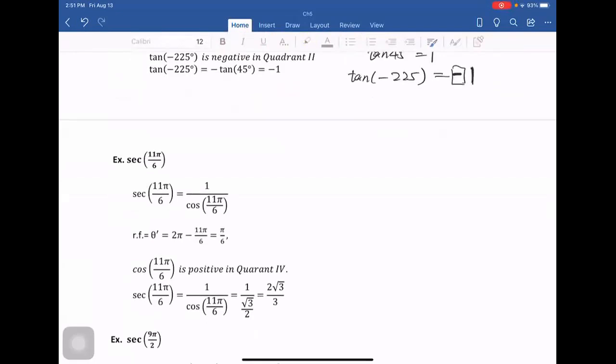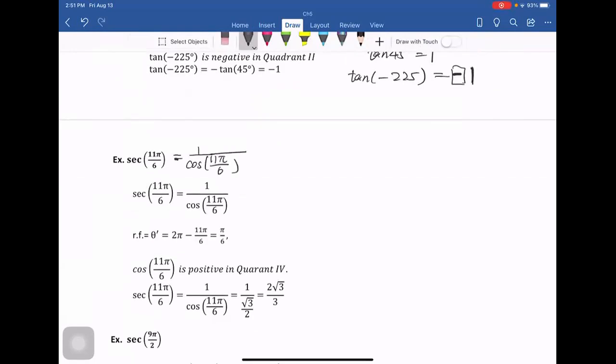Next one, secant of 11 pi over 6. First, I know that secant equals 1 over cosine of 11 pi over 6, because I think cosine is easier for me to calculate, because I memorized the trig functions. Always just use the three basic trig functions: sine, cosine, and tangent. Now we decide the reference angle.